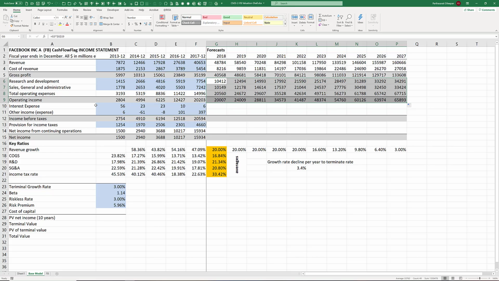Now, the interest income and other operating income, we are not going to assume anything there because this is not part of valuation for stock price valuation. So income before taxes will be that.